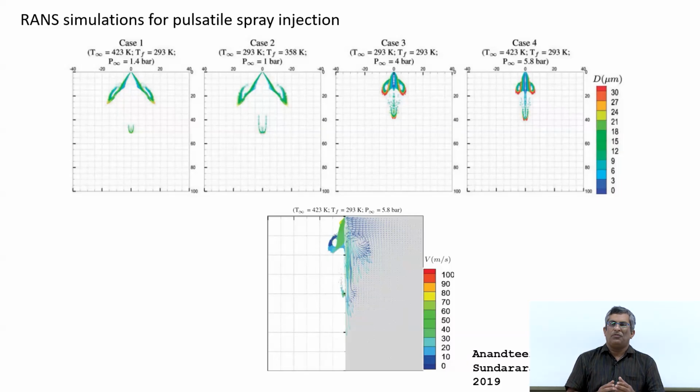Also, though not shown here, if we calculate the penetration length of the spray, which means from the injector exit to the tip of the spray, how it changes with time as the spray injection continues to happen over time, that agrees well with experiments.